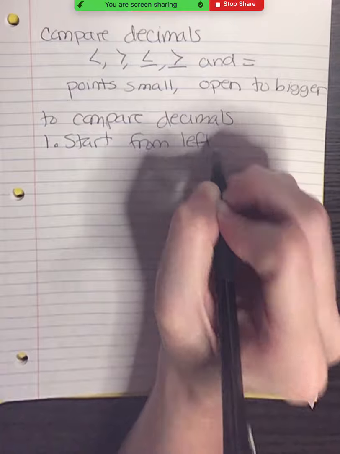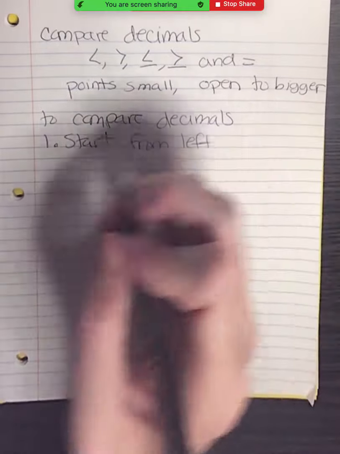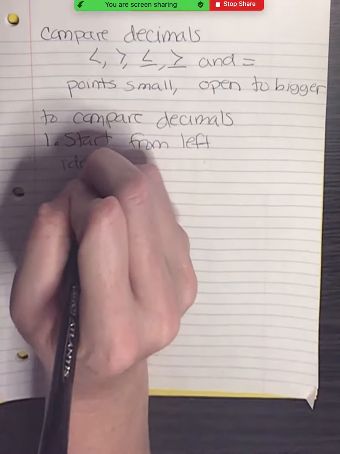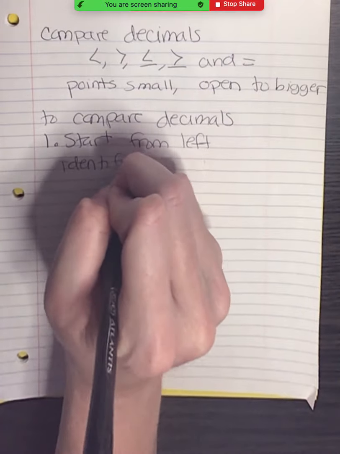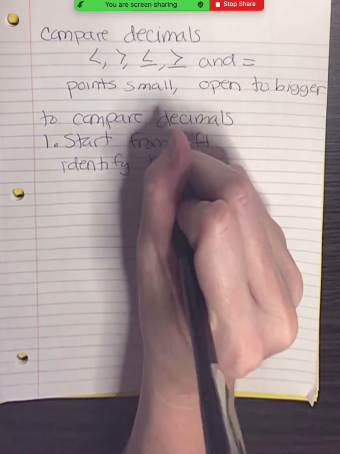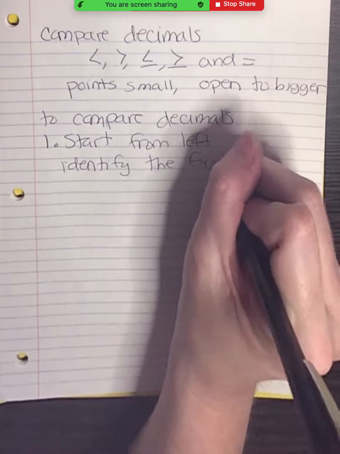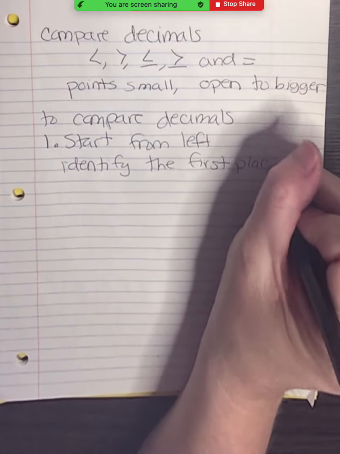Then you simply compare the unequal digits, just like you would compare whole numbers.